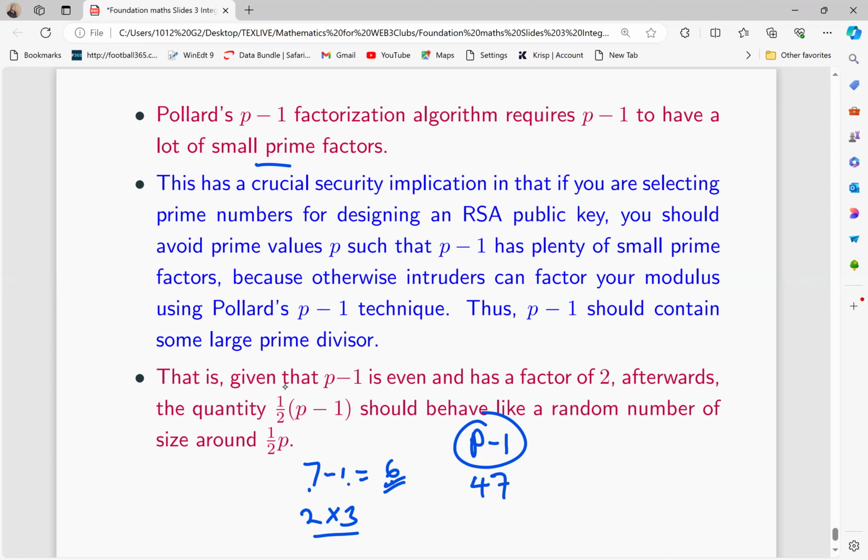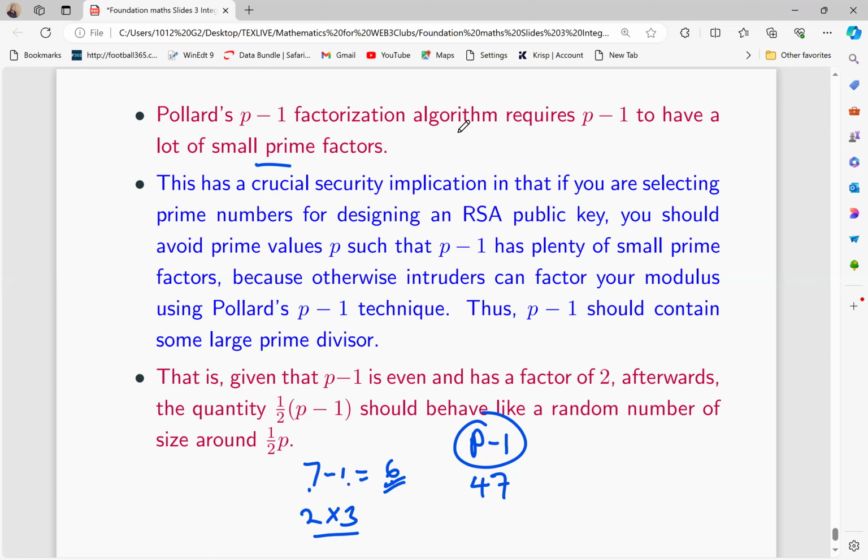Is there a number that can factor 47? I think it's a prime number. So I think 47 will be a good example. I just want to use it as an example to show how you are choosing your P and Q.